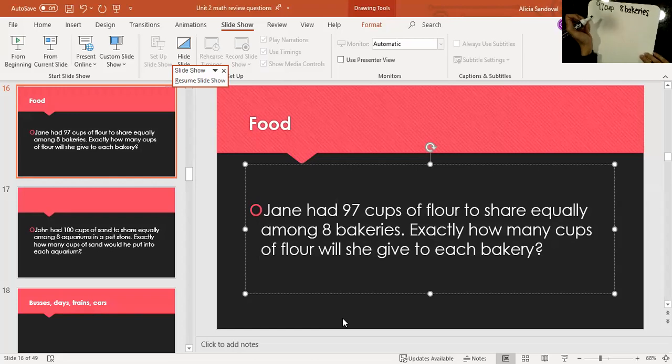The first step that I need to do is the same thing. I'm looking to see what the problem's asking me about. I see the words share equally. When you share something, you're dividing it up amongst groups.